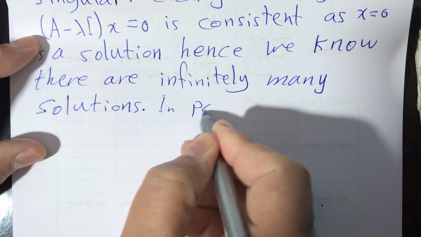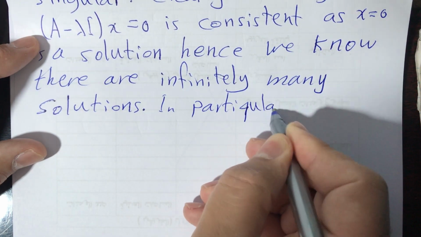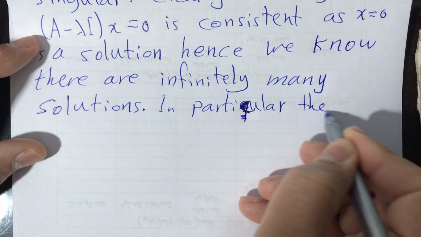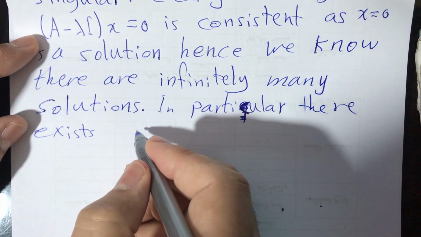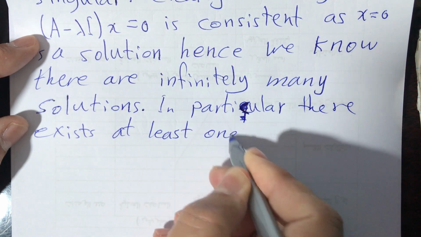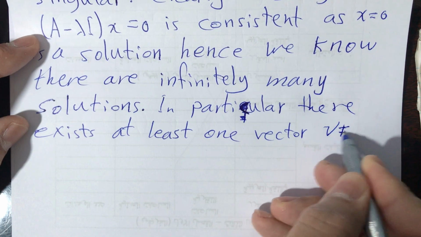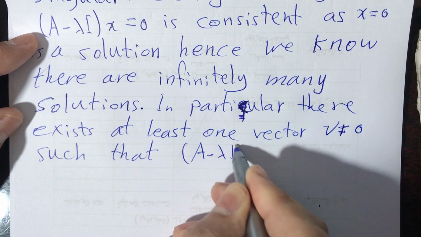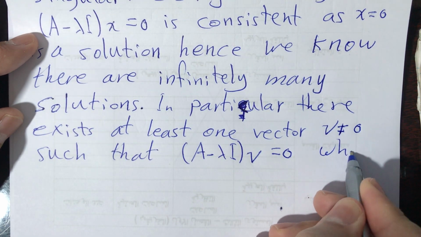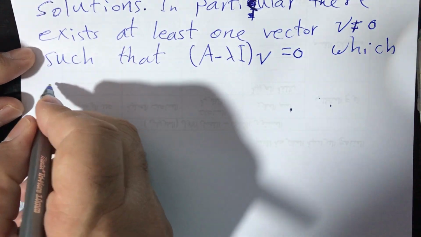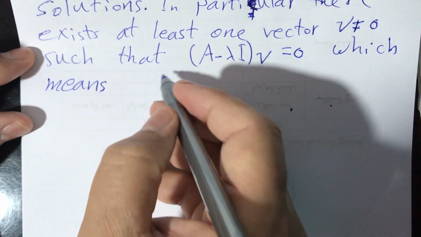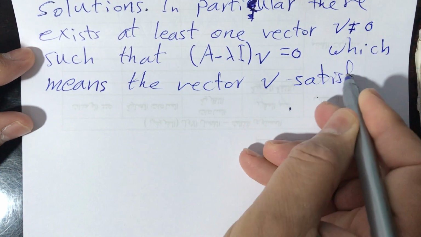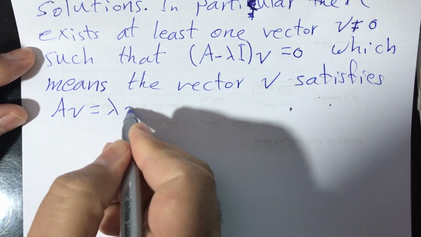In particular, so this is C. In particular, there exists at least one vector v not equal to 0 such that (A minus lambda I) times v equals 0, which means the vector v satisfies Av equals lambda v.